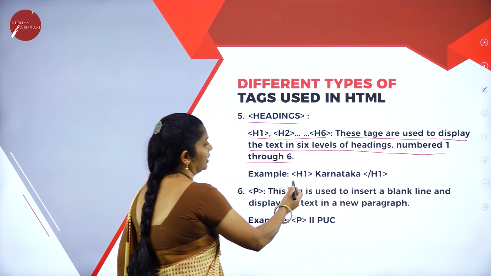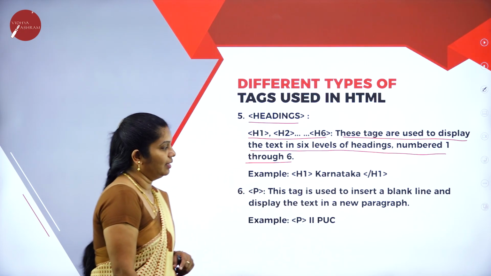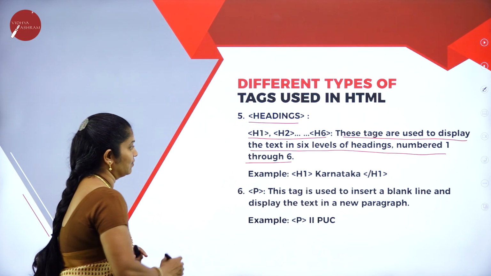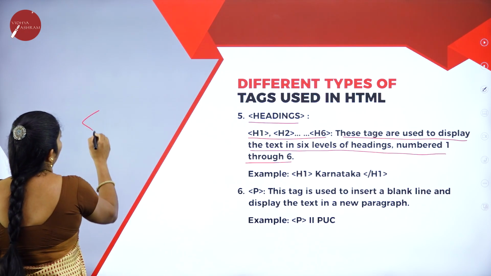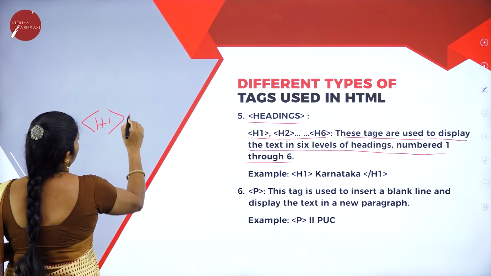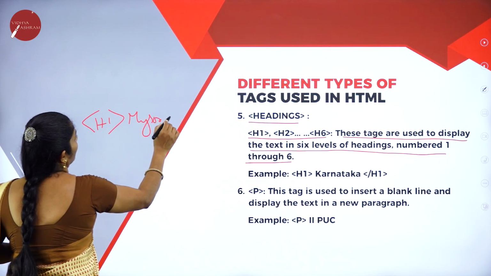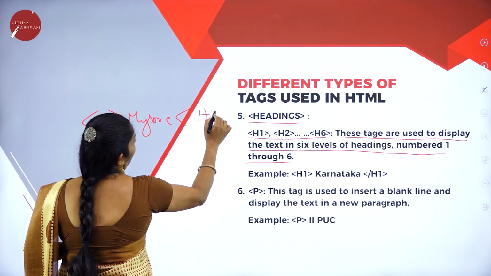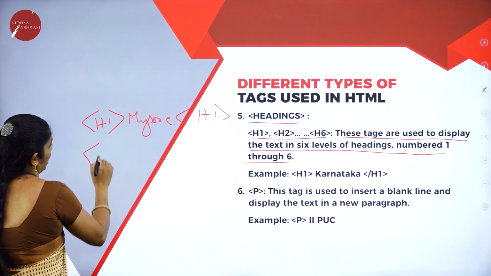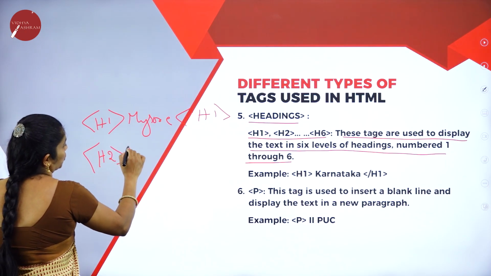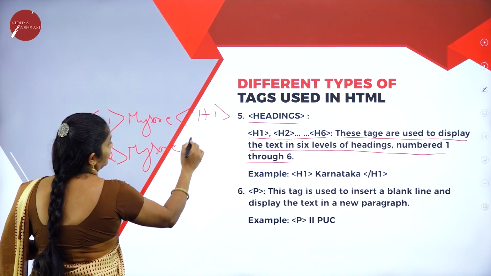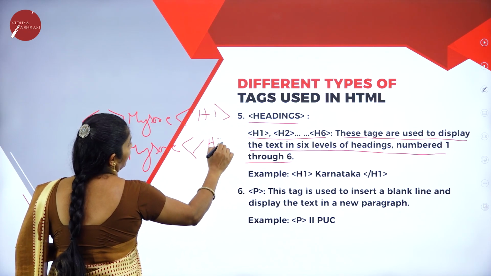If I write H1 Karnataka, then it will display in larger size. For example, here I will write H1 tag Mysore, and here I will close the H1 tag. Then next I will use the H2 tag, Mysore once again, and close the H2 tag.